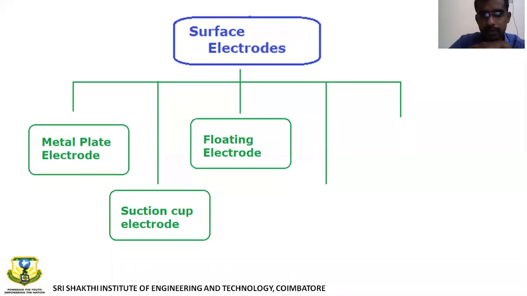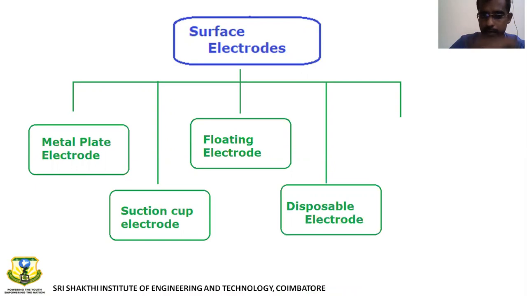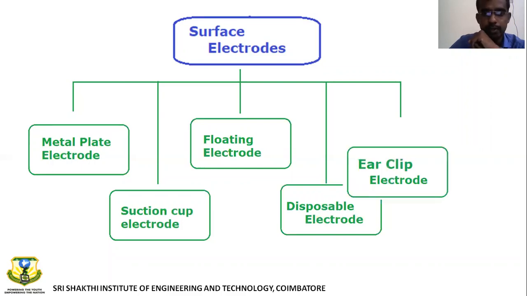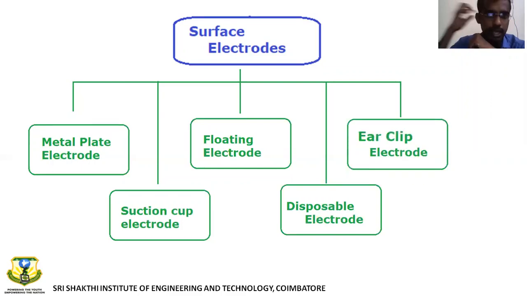The third one is floating electrode. The fourth one is disposable electrode, which means use and throw, like a disposable syringe. And the fifth one is ear clip electrode. It's very simple, easy to remember. So we'll go one by one.